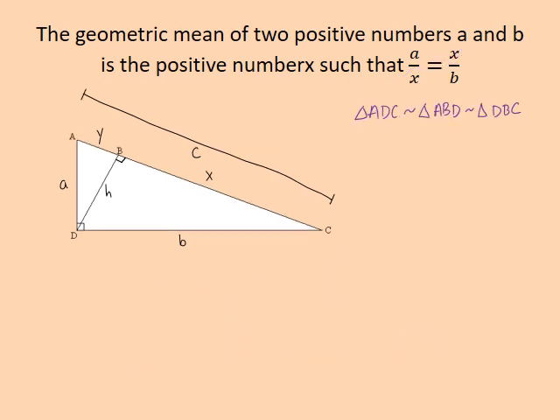Now that we have determined one geometric mean relationship, let's look at the similarity statement between ADC and DBC. So if we have ADC is similar to triangle DBC, let's set up the proportionality statement for these similar triangles.